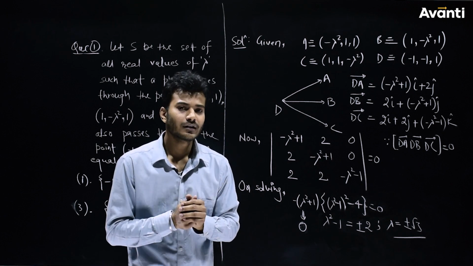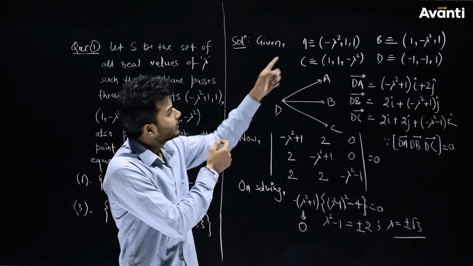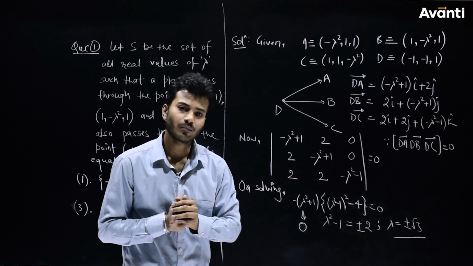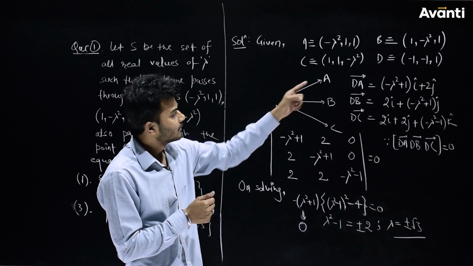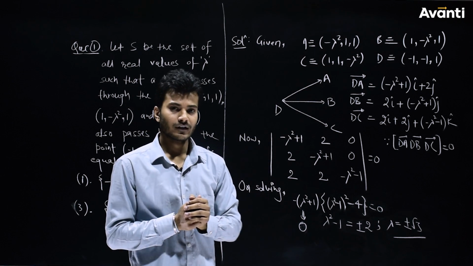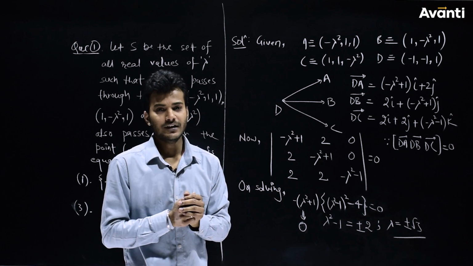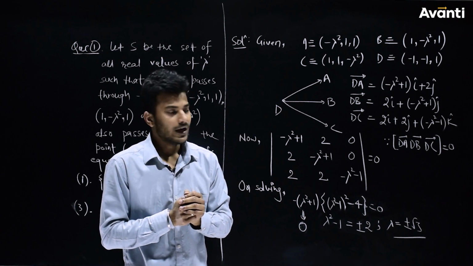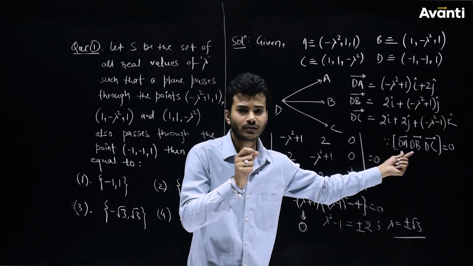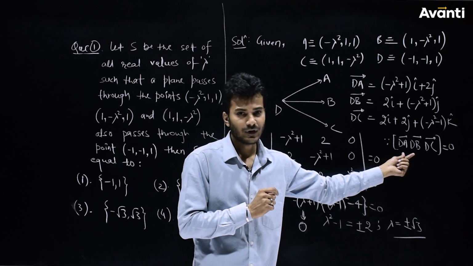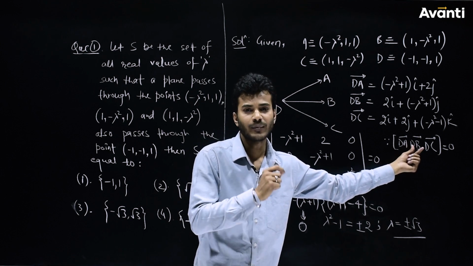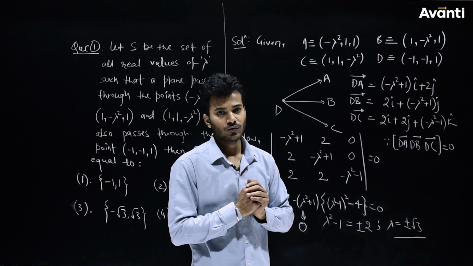Why are they coplanar? Because all these 4 points are in a single plane, so these 3 vectors will be coplanar. Now we have a condition: if these 3 vectors are coplanar, their box product will be 0. That means the box product of vector dA, vector dB, vector dC will be 0, right?